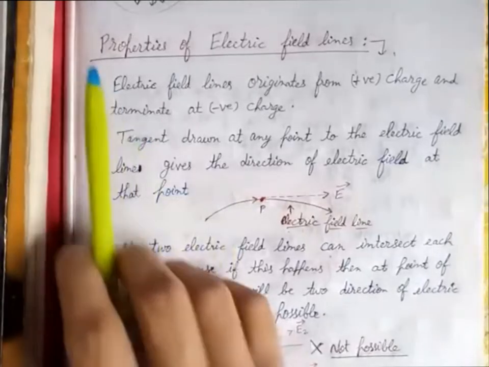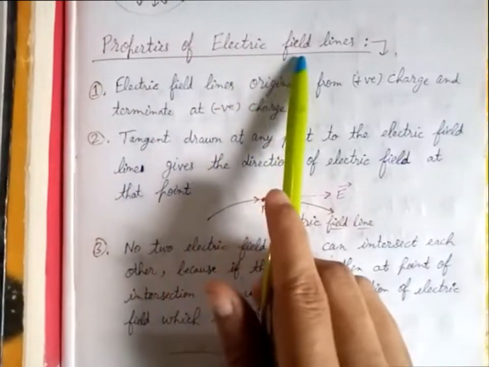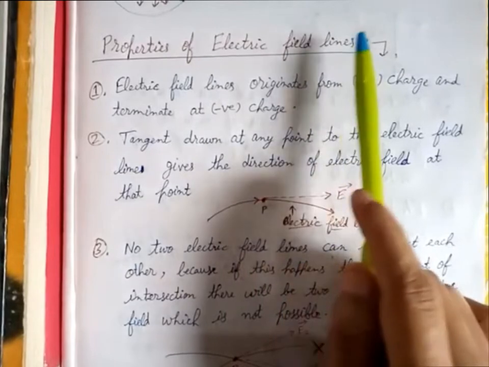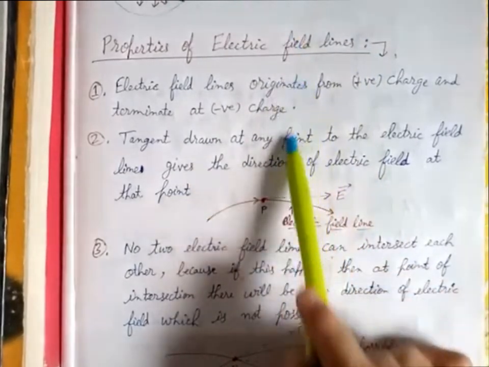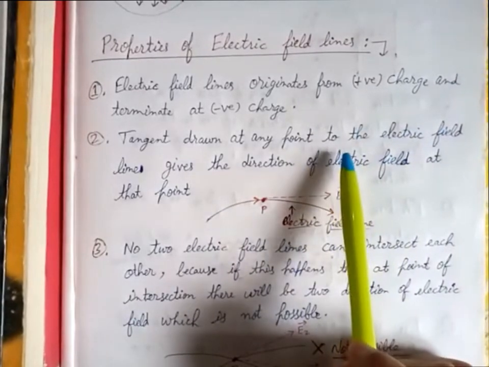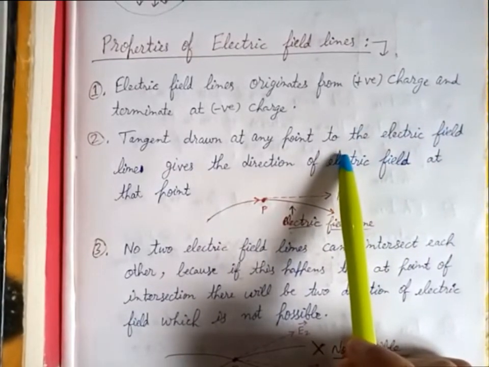Now the next topic is properties of the electric field lines, or electric lines of force. These are the following basic properties of the electric field lines, and these are very important. These generally come in your examination.